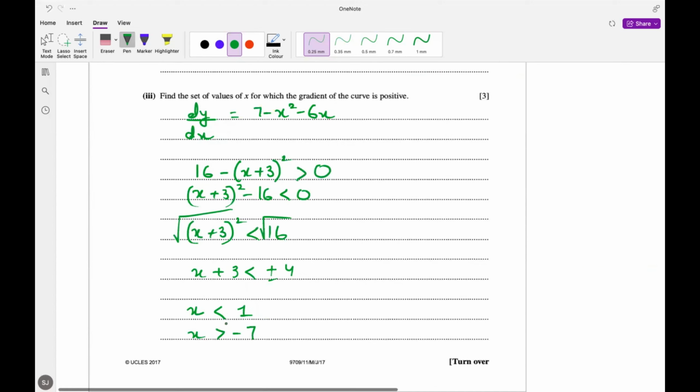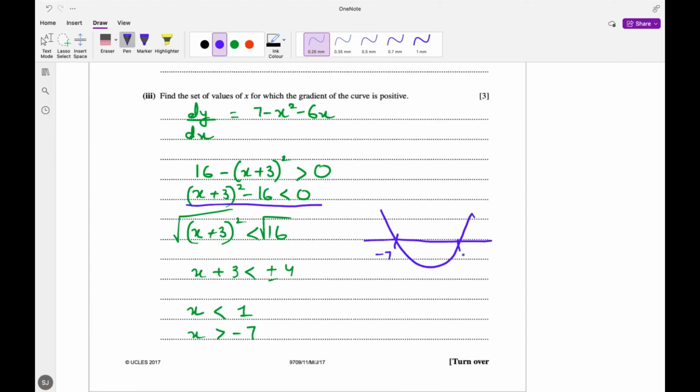Now the question is, how do we give the correct inequality signs? To understand this, if we make the x-axis over here, we know that this final expression was less than 0. Now if we draw a quadratic curve and put the coordinates minus 7 and positive 1 up here, then for the curve to be less than 0, we know that this is where y is positive, and this is where y is negative.